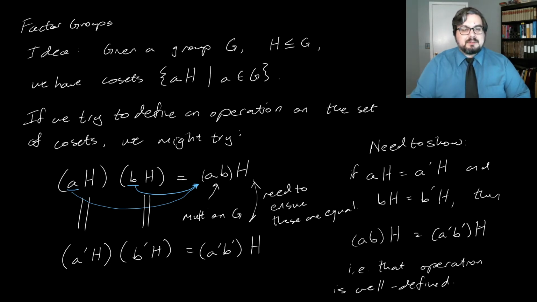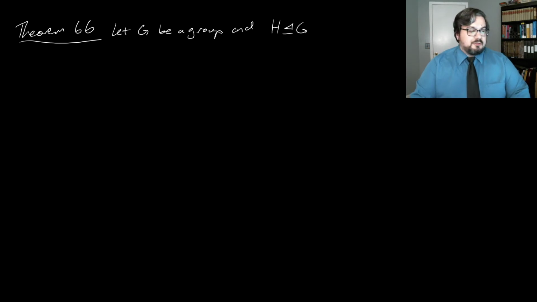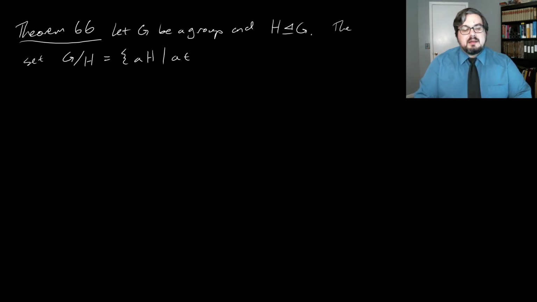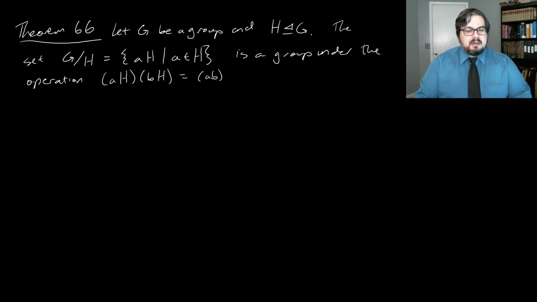So let's look at this. Theorem 66. Let G be a group and H a normal subgroup of G. The set G mod H, the set of all cosets of H, is a group under the operation that we just defined: AH times BH is equal to ABH.